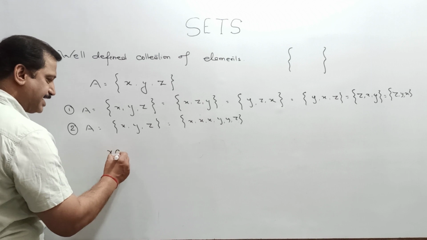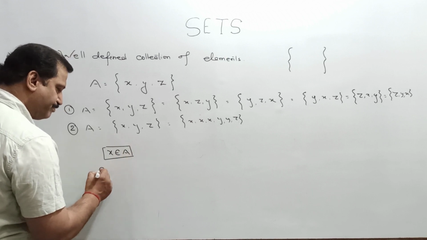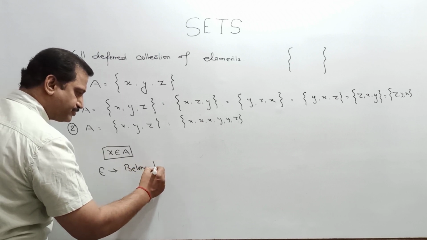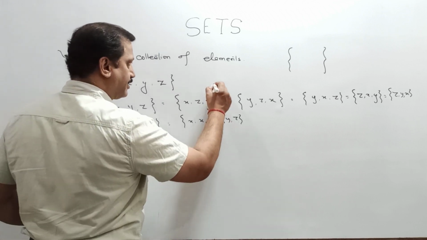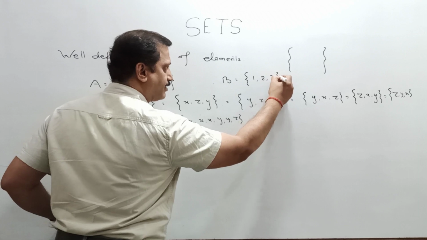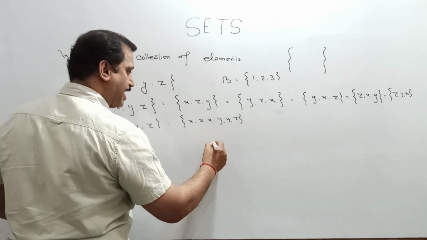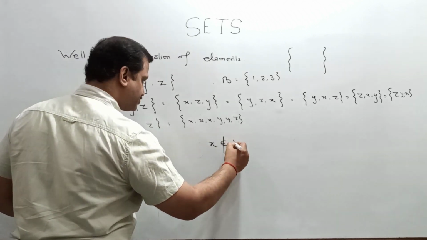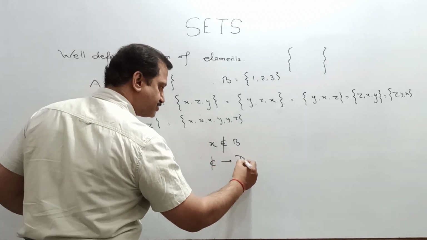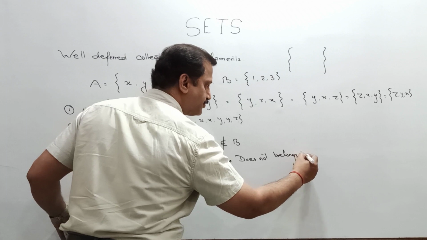x सेट A का एलिमेंट है, इसे रिप्रेजेंट करने के लिए x belongs to, this symbol is for belongs to। अगर कोई सेट B हम और ले लें यहां पर 1 2 3, clearly x is not in B, this represented by x does not belongs to B. This symbol stands for does not belongs to.